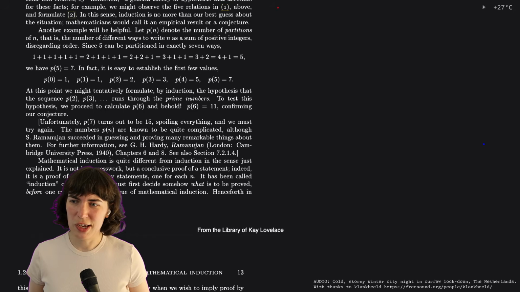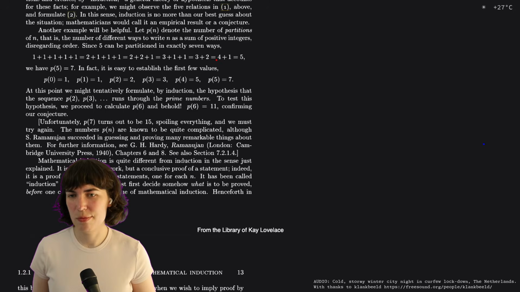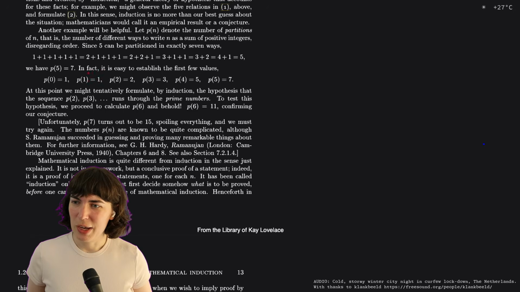We have P5 equals 7. So it's just different ways you can come up with to add positive integers together, I suppose, to get 5. Which is what he says. We have P5 equals 7.